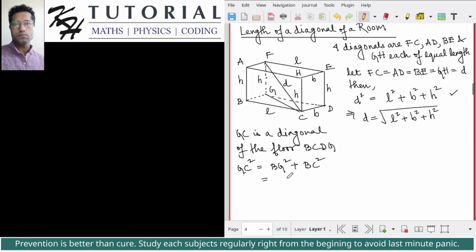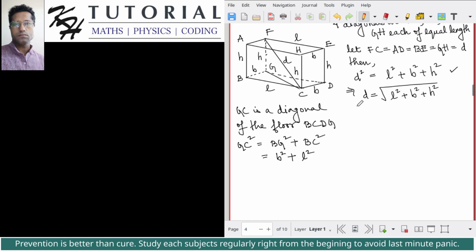That is, BG is B, the breadth of the room, so this is B square, and what is BC? BC is the length, L square. So considering the floor of the room as a rectangle, for the diagonal of the floor GC, we have GC square is equal to B square plus L square.